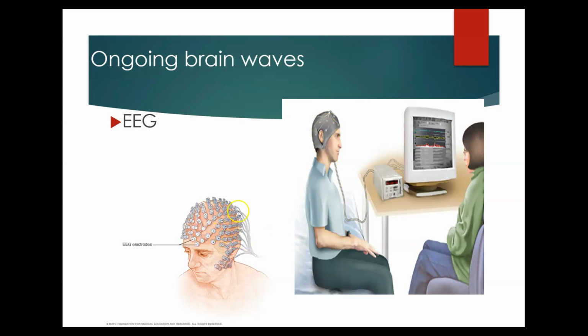Either way, these electrodes are bundled together and they go into a box, which measures the ongoing activity of the brain waves. And this is the box right here. And then those ongoing wave activities are converted to a computer signal that allows us to look at that ongoing brain wave.